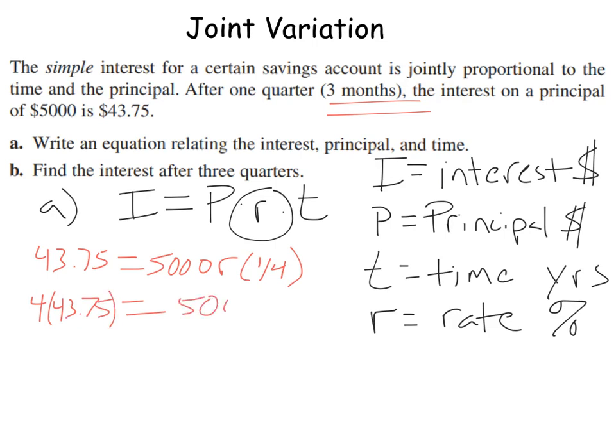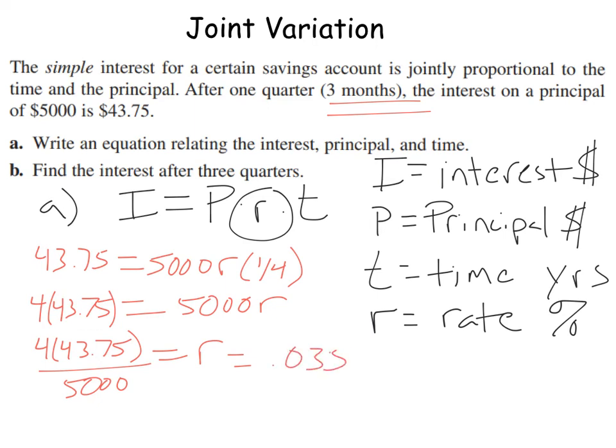And back over here, we would have 5,000 times R. To get R by itself, I would have to divide by 5,000, and I've got my interest rate, which I believe comes out to be something very close to 0.035, or 3.5% is what we're talking about. Okay, we earned 3.5% of the original investment in the first 3 months. Well, not quite.